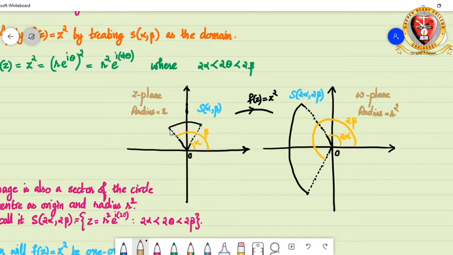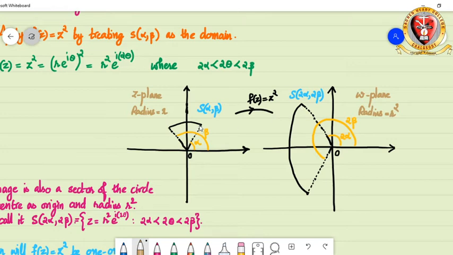So we draw the S of alpha comma beta, and then we apply the function f of z is equal to z square, and you can see the picture, that is equal to S of 2 alpha comma 2 beta. In the picture you can clearly see it. You have the 2 alpha here, which is the angle here, and the 2 beta is also here.